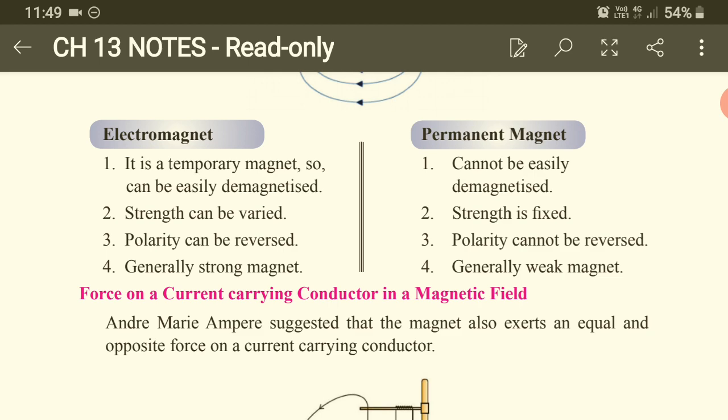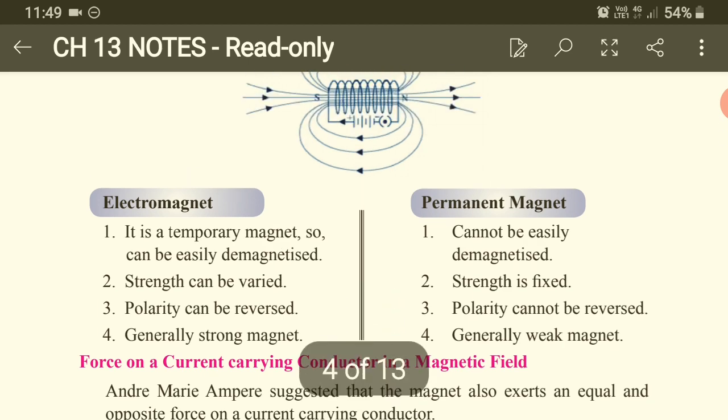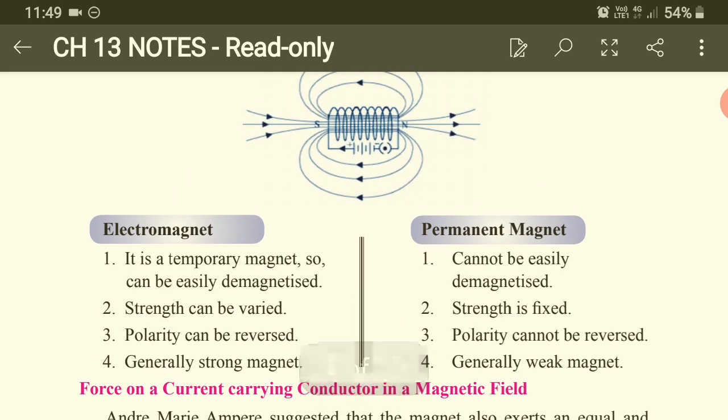Here one additional point I would like to tell you is that we can make strong permanent magnets by use of electromagnetism.